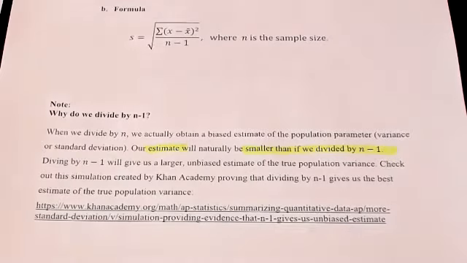Because remember, we're working with a sample and we're trying to map out these statistics related to the population. We're trying to model what the population looks like by using a sample. So we want to make sure that our estimates are as close as possible. We want to minimize our error every time that we run statistics. So it's going to be really helpful to take a look at why this is the case. Check it out. It's pretty cool.